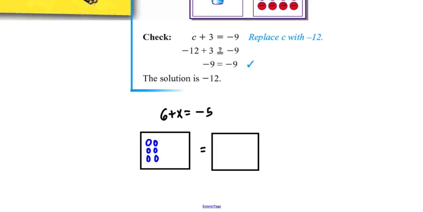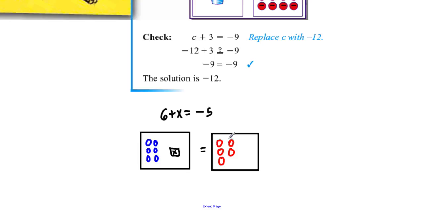And you have an x right there. Okay. We'll make it a cup, just like what we've been doing. Okay, that's our x. And then negative 5, I'll make that red. 1, 2, 3, 4, 5.